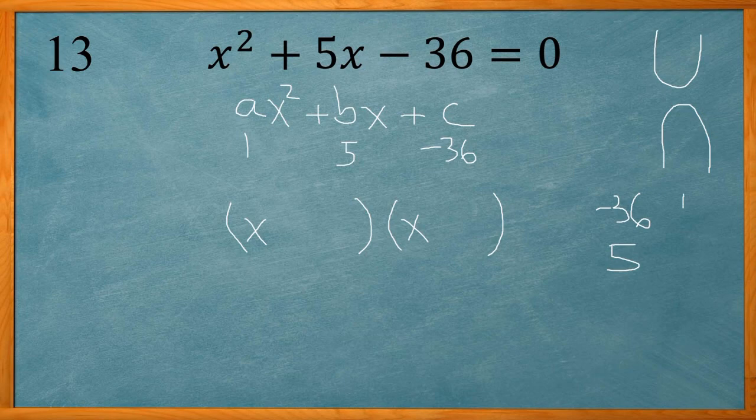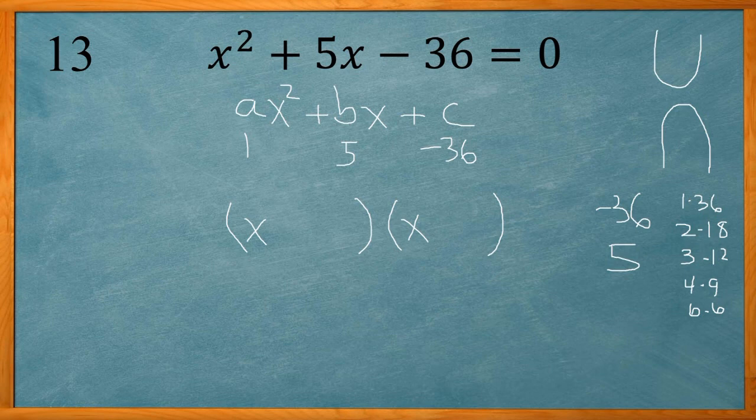And you could have 1 times 36, 2 times 18, 3 times 12, 4 times 9, and what, 5 goes in there? No, 6 times 6.